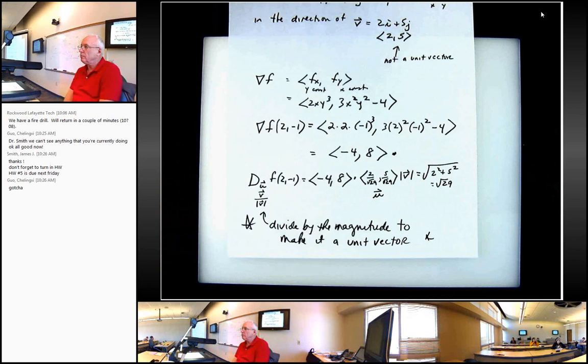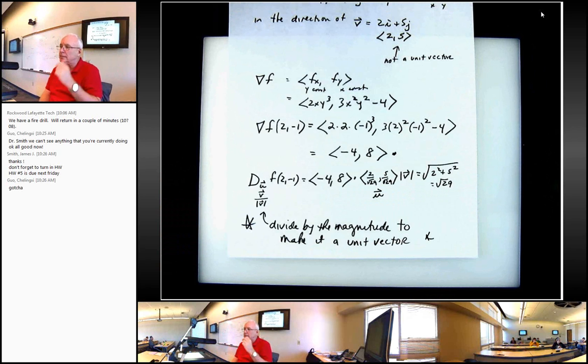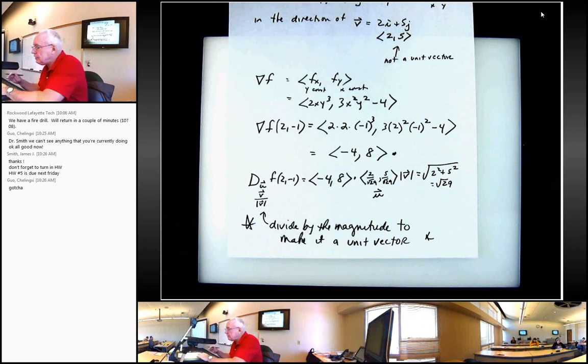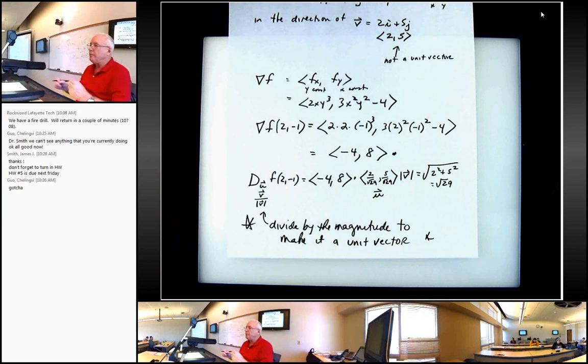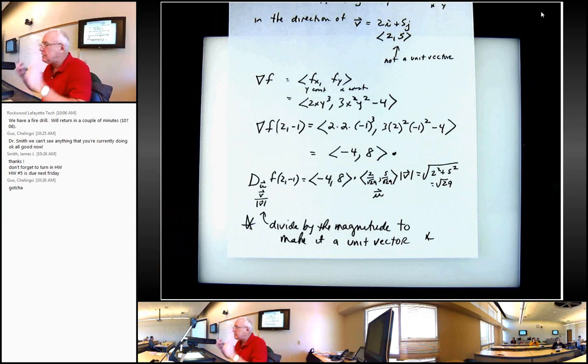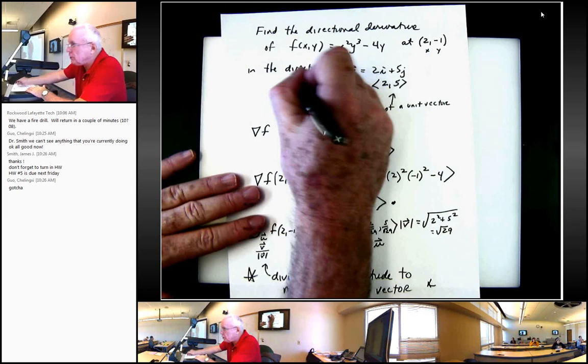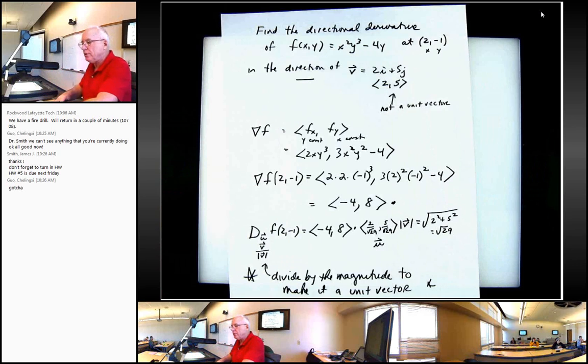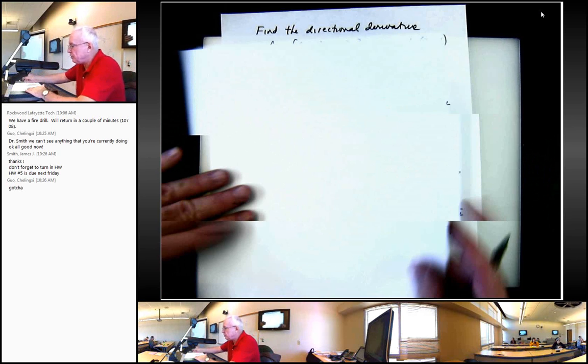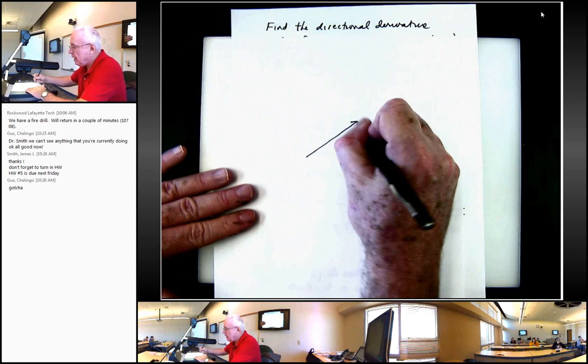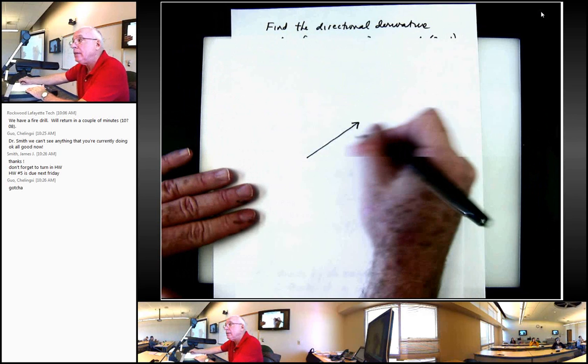Why did we have to get a unit vector? Because that's how the textbook is defining the directional derivative. This unit vector, where we divide by the square root of 29, still has the same direction as the original vector. Remember, we can have a vector that doesn't have length 1.